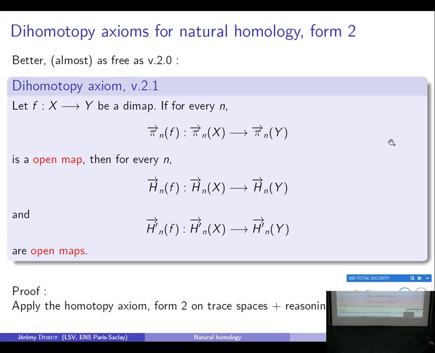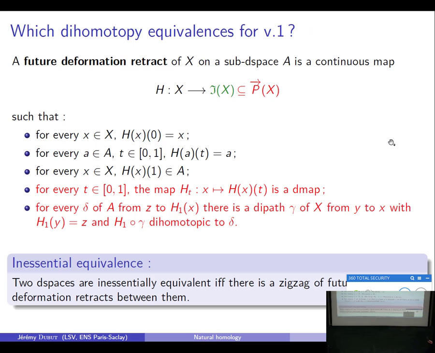Now, do we have a first version of a dihomotopy axiom? Well, the answer is yes, but it depends on what you mean by dihomotopy equivalence. And there is no real consensus by what we mean by dihomotopy equivalence. So I have a notion of dihomotopy equivalence which allows to have a dihomotopy axiom, but, well, it is defined as follows.